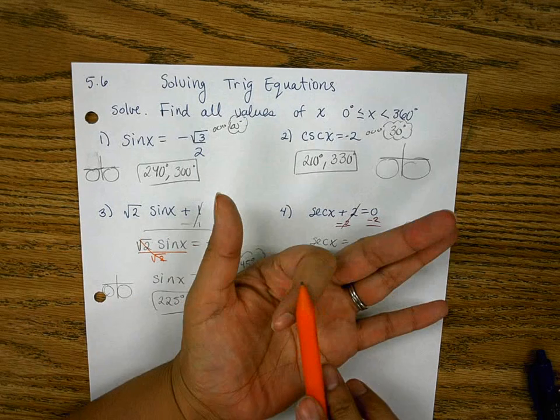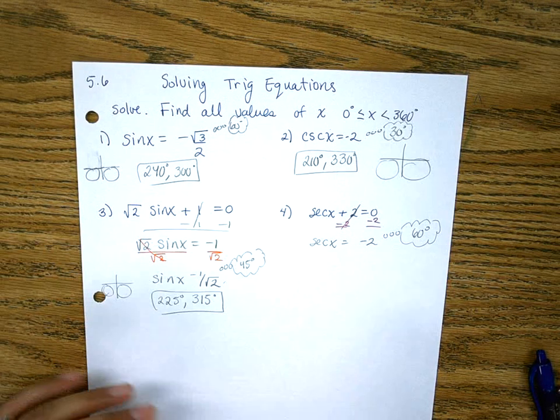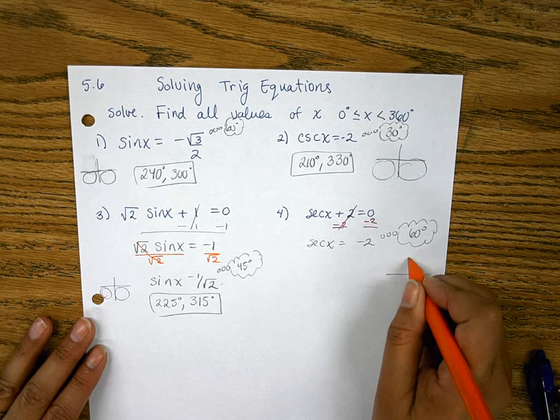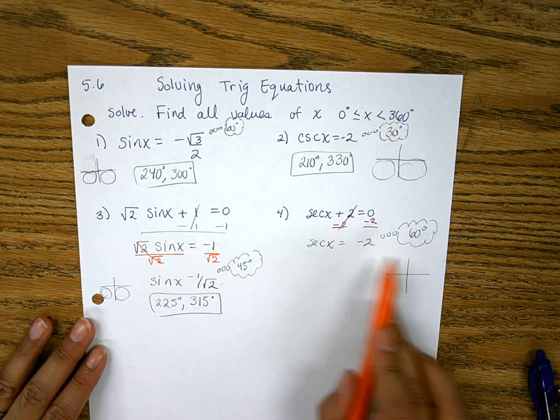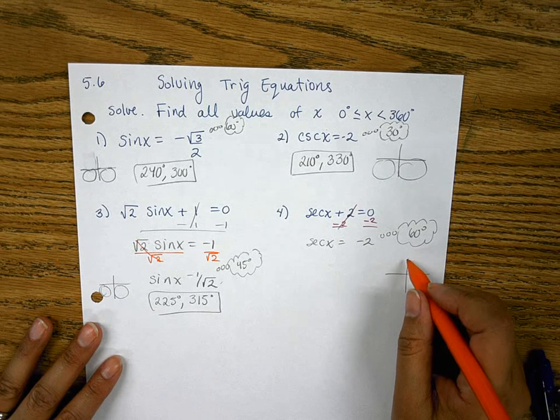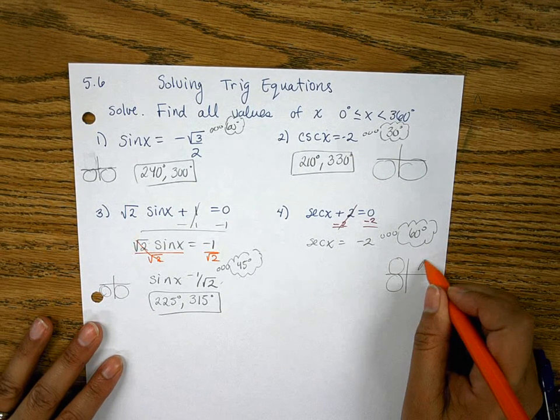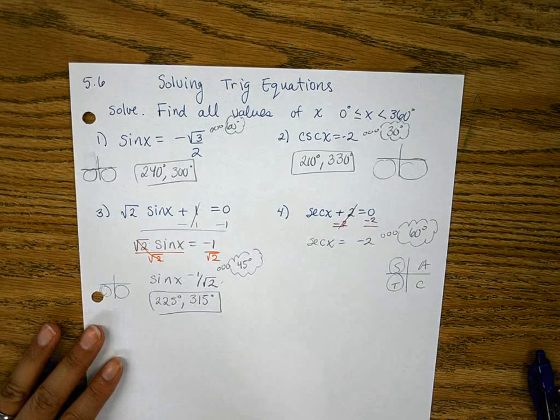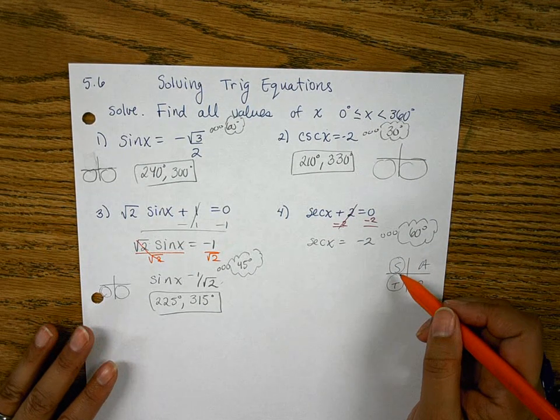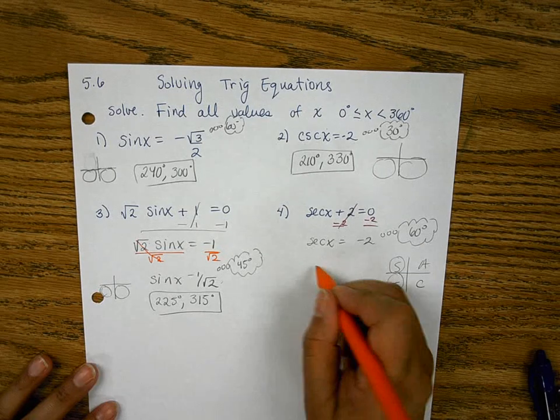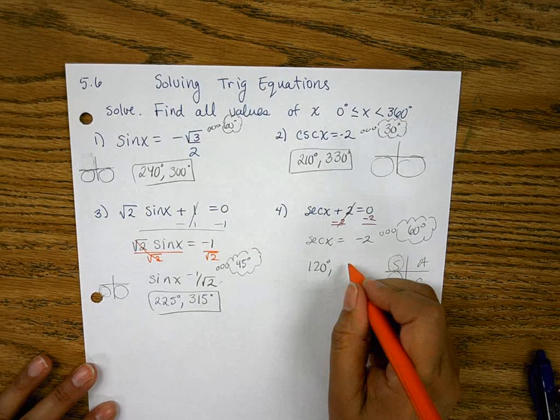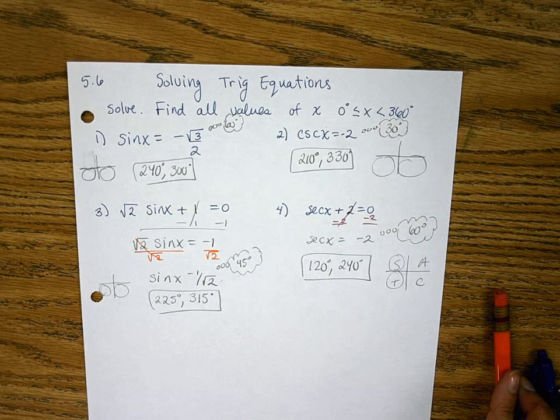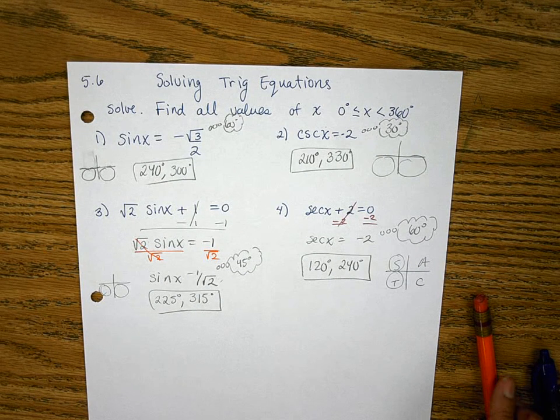I'm hoping you get 60 degrees. 60 degrees, cosine is 1/2. Is 60 degrees going to be one of our answers? It is not, because it's negative. And where is cosine negative? It's negative in these two quadrants here. Remember, you're all students take calculus. So you have to find 60 degrees in those two quadrants, which is 120 degrees and 240 degrees.